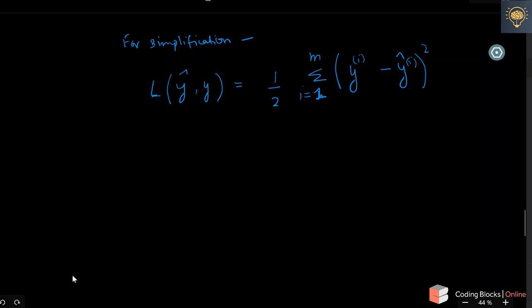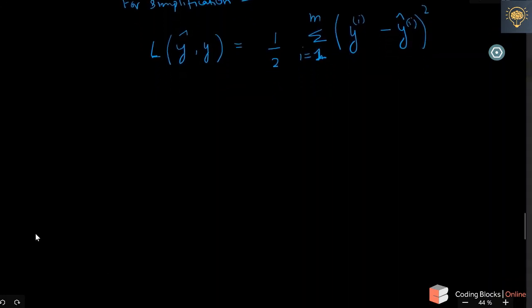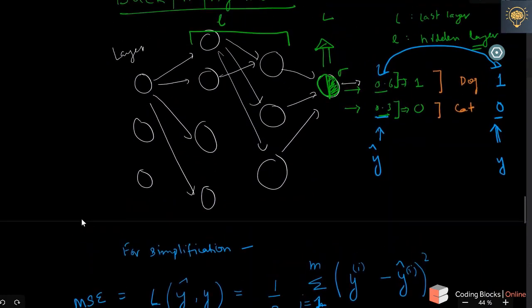I'm assuming for simplification that the loss function is a squared error loss. In general this type of loss function is non-convex for a given classification problem, so we generally use cross entropy. So this is my loss function, and now I want to see how a particular weight matters.